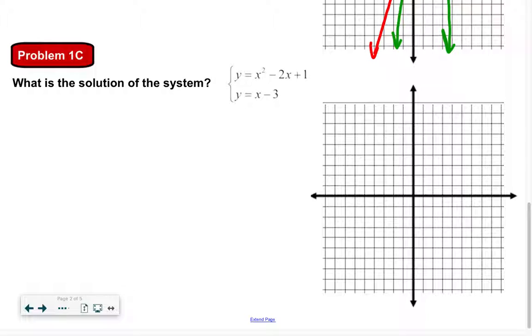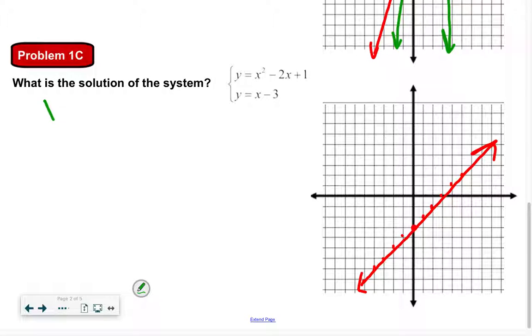Alright. Plot the next one. If I plot my line, where am I going? Where do I start my line? Down 3. My slope's 1. How do I plot my parabola?